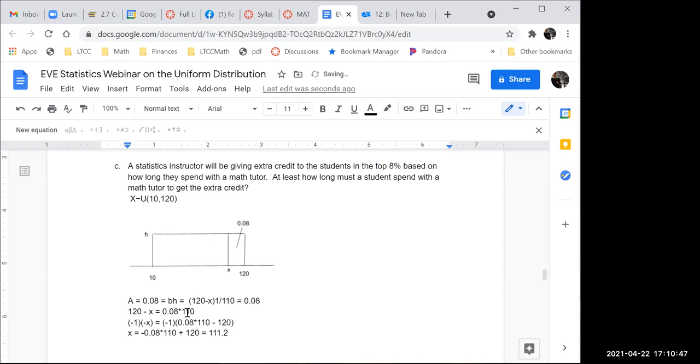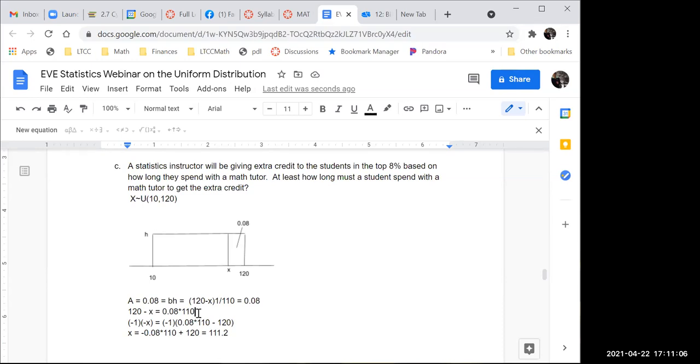Question? In the steps of the algebra, when you're applying 110, why don't you show that and it just remains as 0.08 times 110? That's kind of confusing.